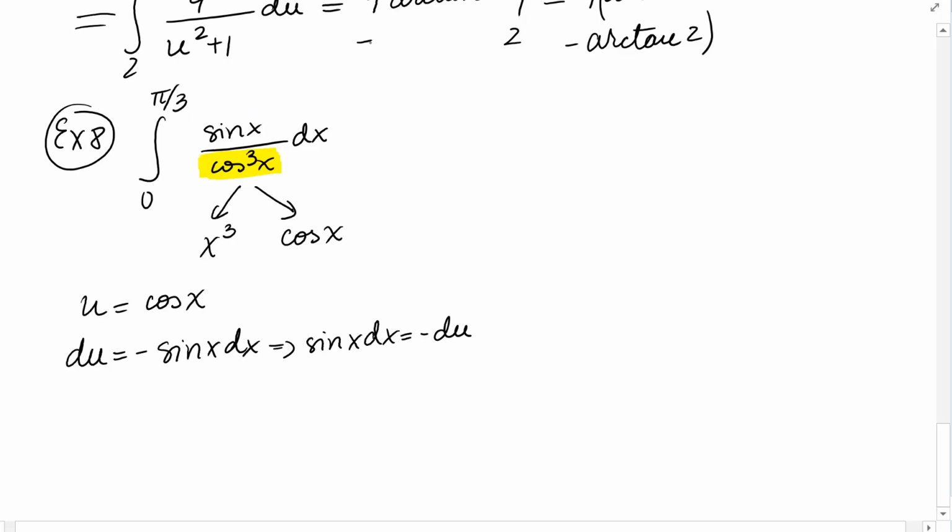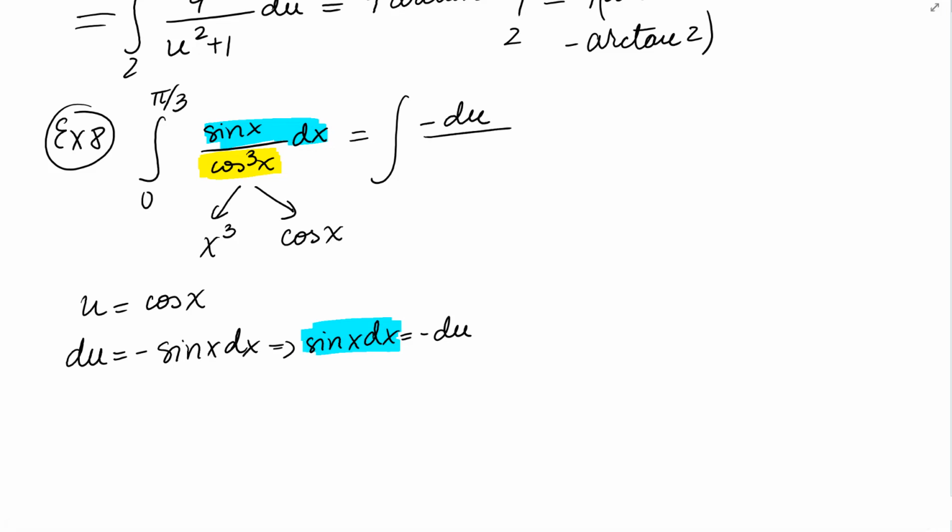So in this problem, instead of sine of x dx, this quantity, we put negative du, and at the bottom, instead of cosine to the third of x, we put u to the third. Now we got a much simpler problem.